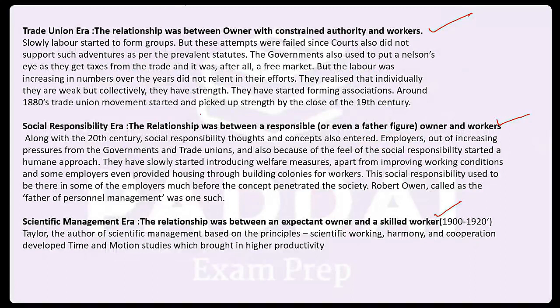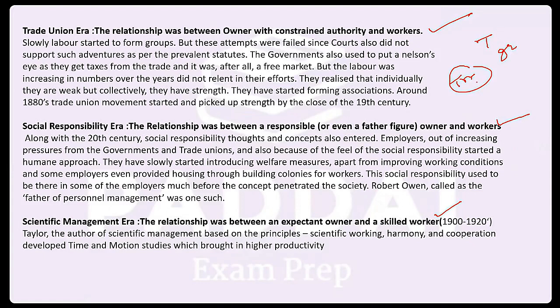Then came the trade union era. This was the era where slowly the trade unions, employees or laborers started becoming aware. They started forming groups. Also, somewhere the government also started putting in efforts to control the trade unions. But yes, there was a trade union era where all over the industry, trade unions were formed in order to enter into a collective bargaining process with the employer.